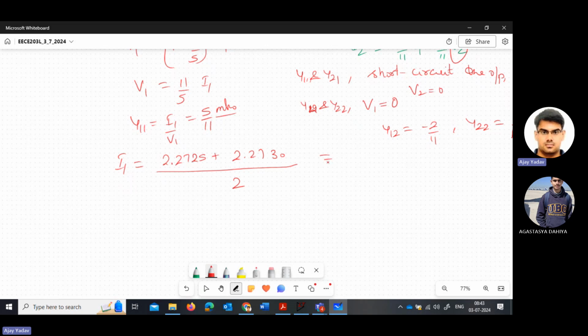What is the value of this? It will be in between. Okay, you can write the average value also, 2.273. You write the average value, no problem. It will be something like 2.275, something like this will come. But you can write it like this.